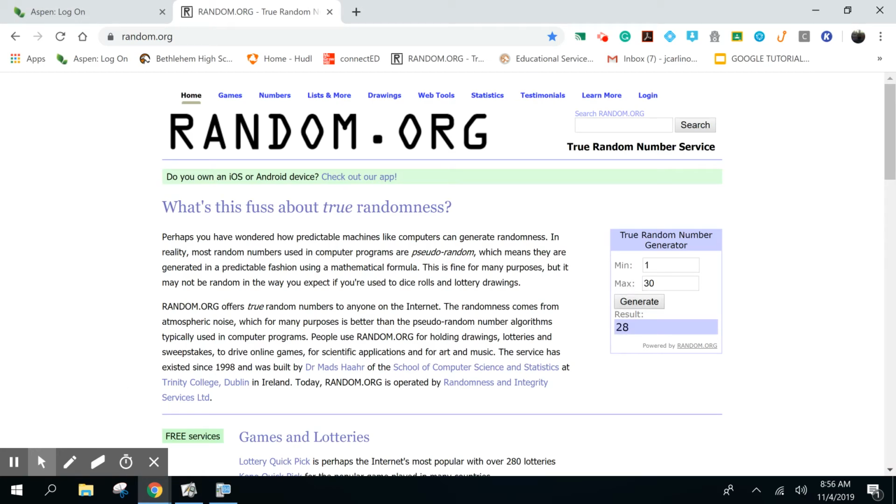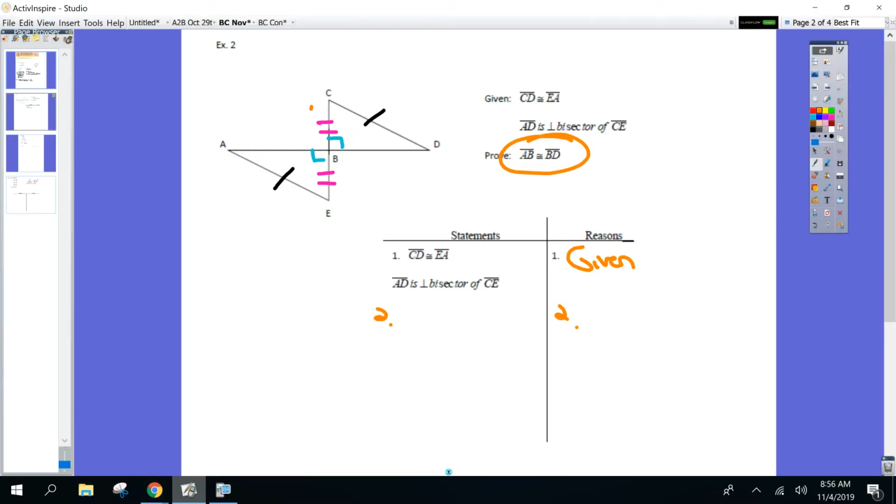What still needs to be put in here? And what's going to be your reason? Do you have right angles yet? On my diagram I do, but not in the proof yet, right?